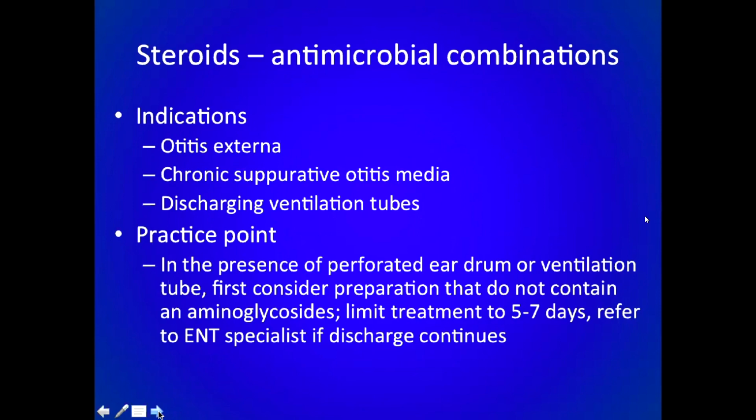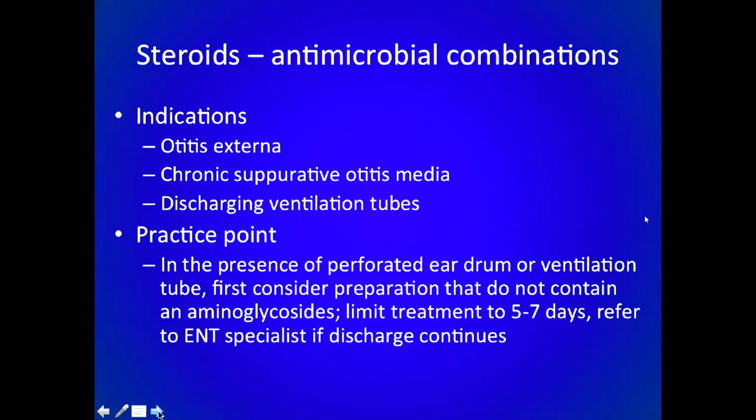That is the discharging ventilation tube, but the common name is ventilation tube. The ENT surgeons believe that if you put a tube like that, whatever pus or liquid has accumulated in the middle part of the ear would come out. But to prevent any further infection, you can apply a steroid antimicrobial combination.